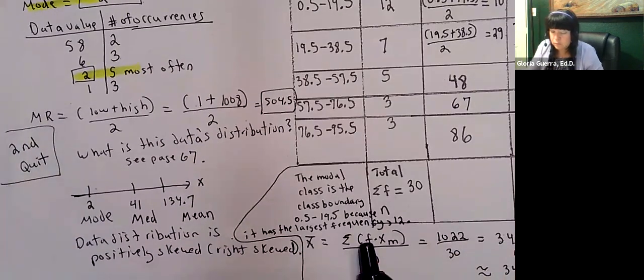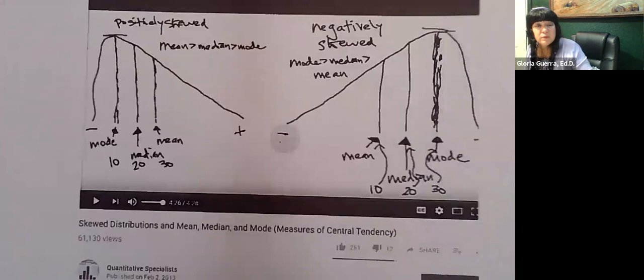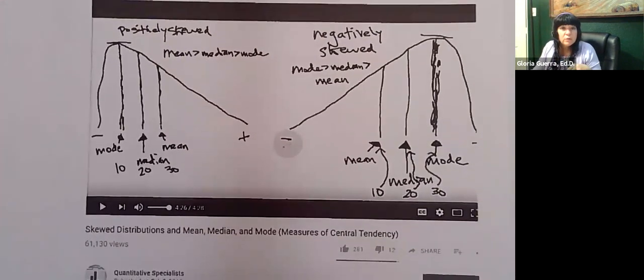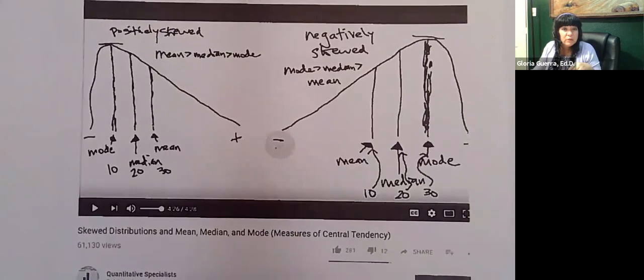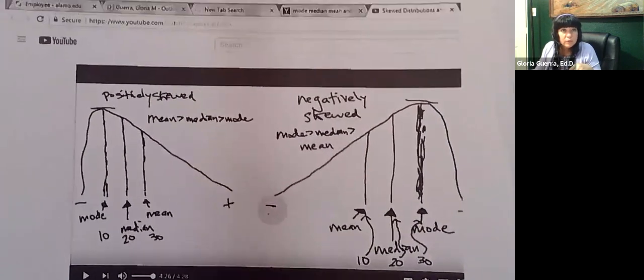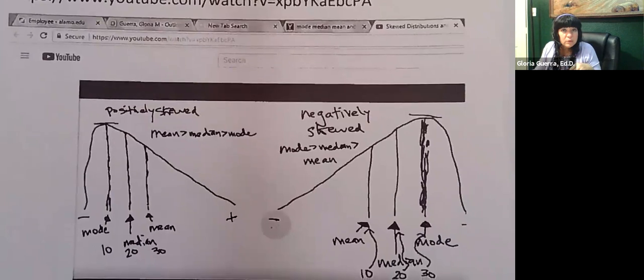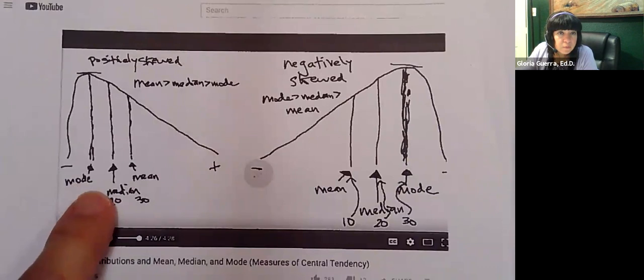Okay. And I think I had one last page just to show you, still on that topic. This is something I pulled off the internet, just a really good picture of that. It says the same thing. Skewed distributions and mean, median, and mode, measures of central tendency. Okay, so I got this off of YouTube, I guess. But you see here, see how they have mode, median, mean, which is what we had, right?